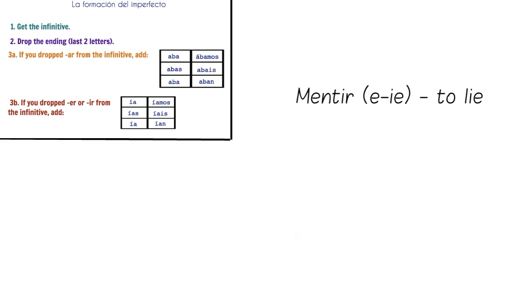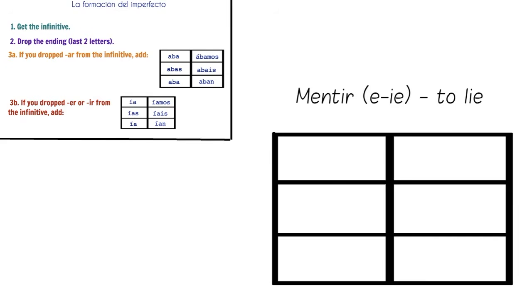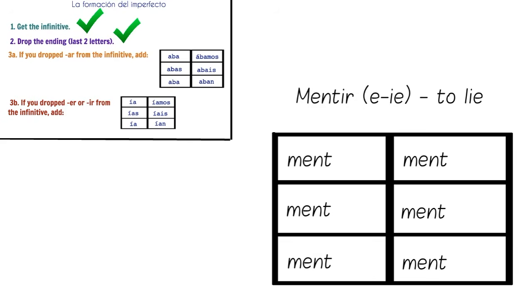How about mentir? In the present tense, it's an E to IE stem changer, but we don't care about that right now. In the imperfect, the first step is to use the infinitive, and the infinitive keeps the original stem, so the imperfect will too. From there, drop the last two letters, which are IR. When they are dropped, we get ment.